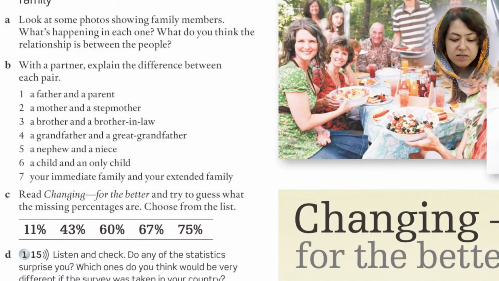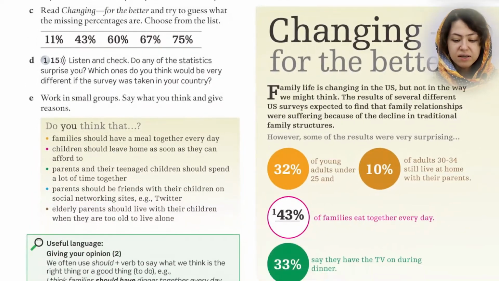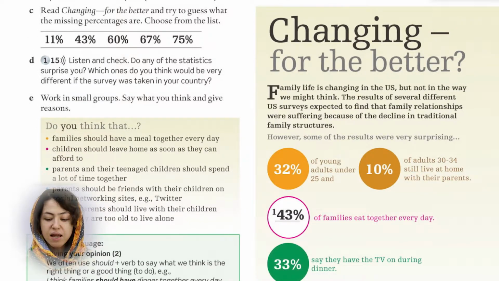Now, let's go to part C. Here there is a reading text, okay, which is related to part C. You're gonna answer these parts, okay, number 2 to 5, okay, there are some points here.